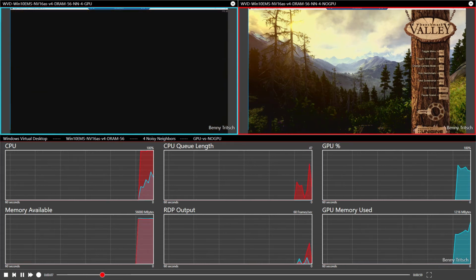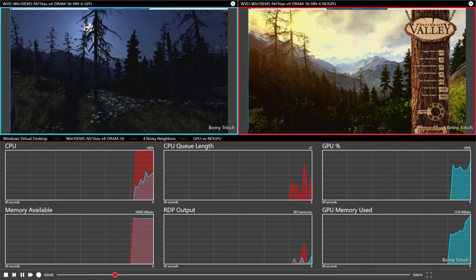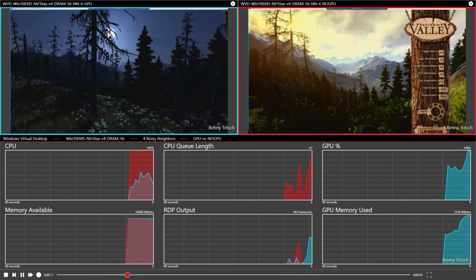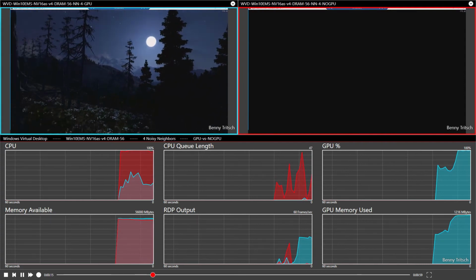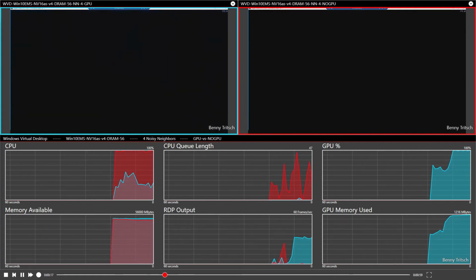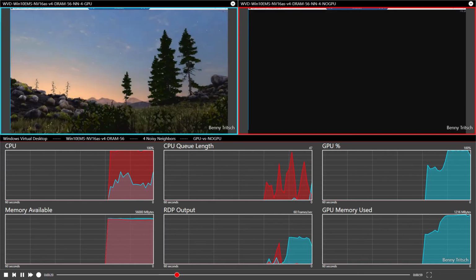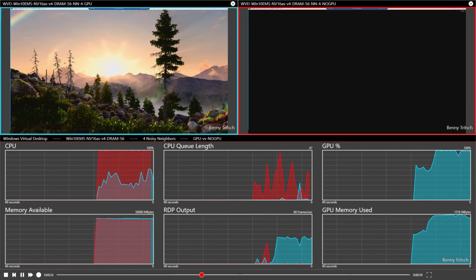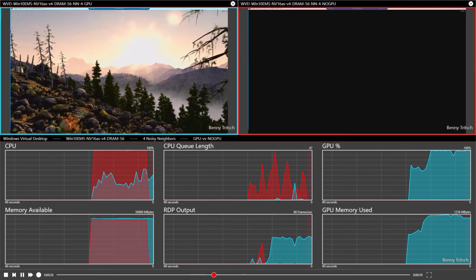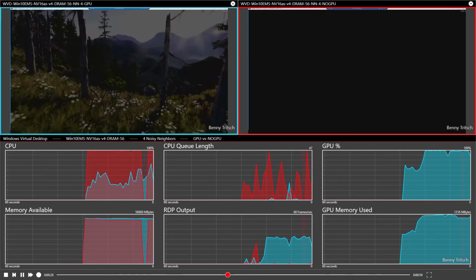On the right side, we can see the CPU load in red. It's at 100% because the CPU does everything, including the graphics workload. On the left side in blue, we can see that the CPU is around 50%, but the GPU takes a lot of the burden from the CPU. So it is at 100%.